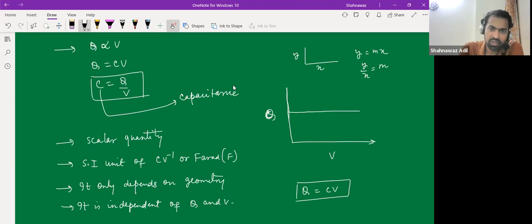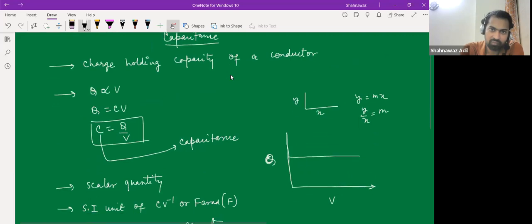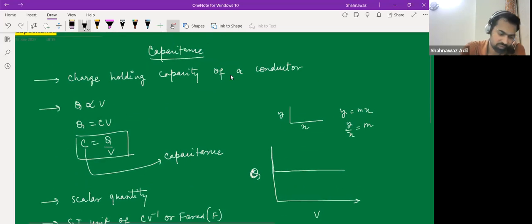You guys note it down. So quickly, any doubt up to this point? These are some definitions only.